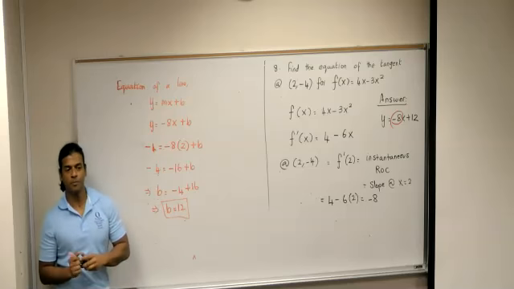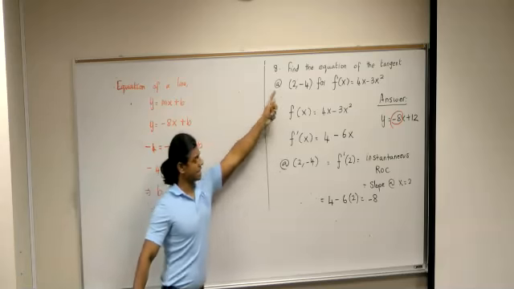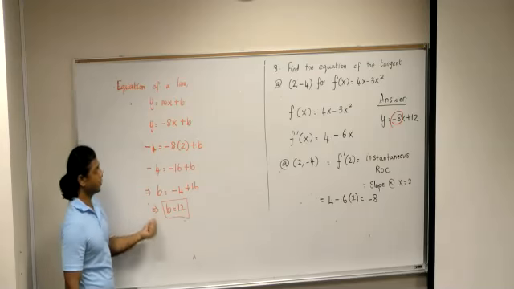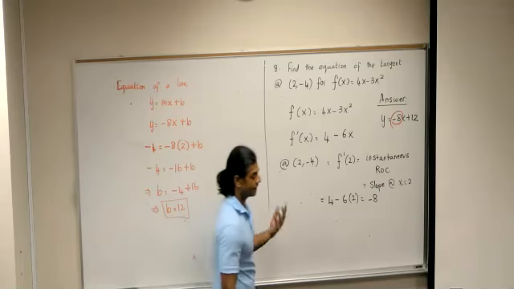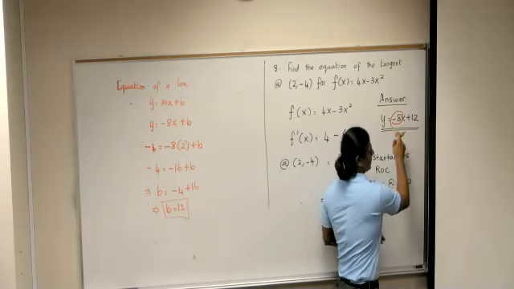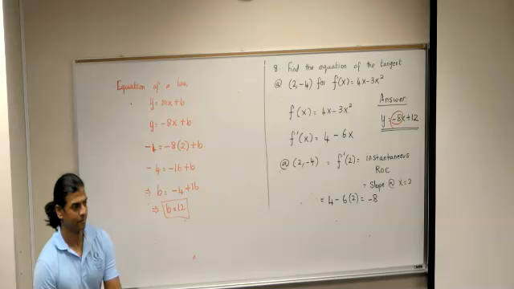So the slope of our tangent line is negative 8 at that point, and its intercept is 12, so the equation is negative 8x plus 12. That's the answer we had last time.